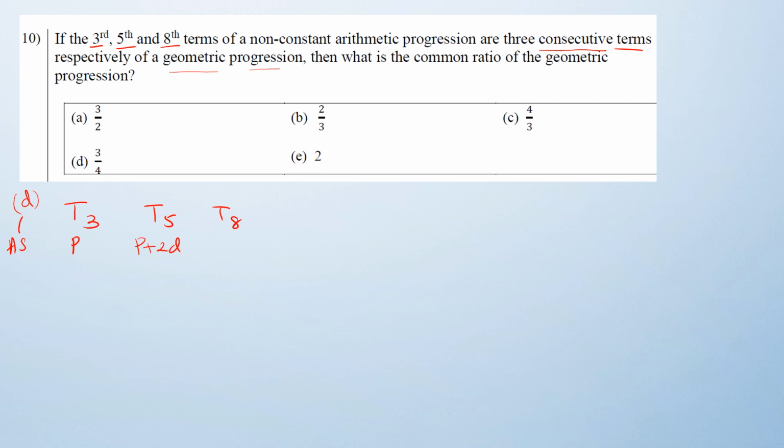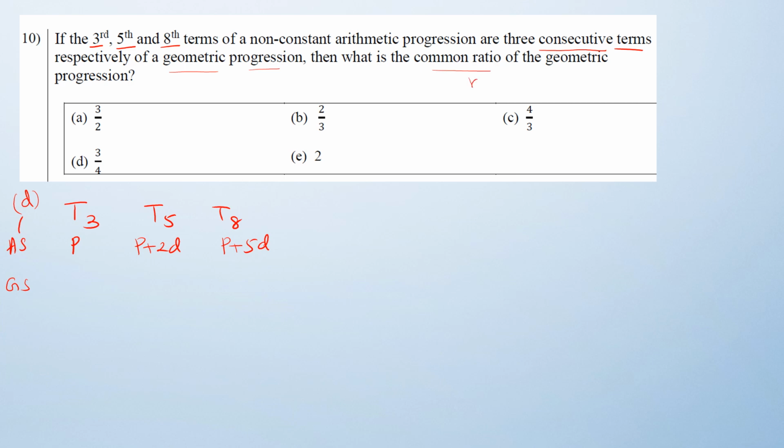Similarly, the eighth term is P plus 5D. When we consider a geometric series, if these 3 are consecutive terms of a geometric progression, then we know that the ratio between consecutive terms will be the common ratio R.